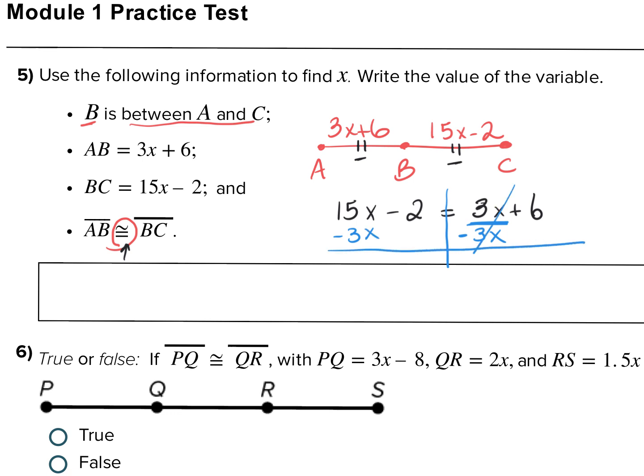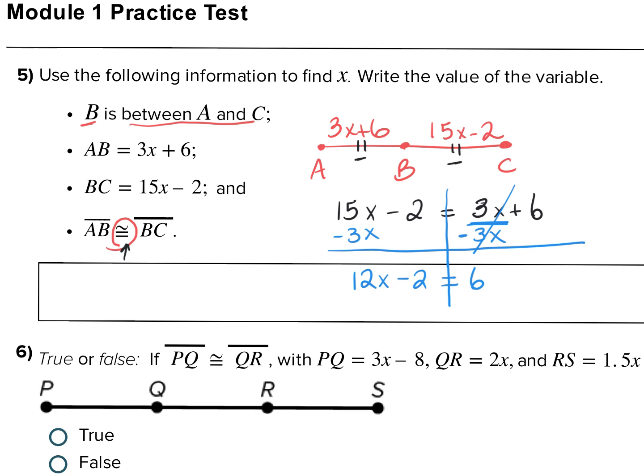So these will cancel, because the whole reason of subtracting 3 is because 3 minus 3 is 0. And 15 minus 3 is 12. Leaving me with 12x minus 2 equals 6. I just brought down the negative 2 and the 6.